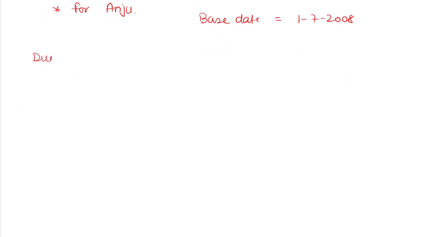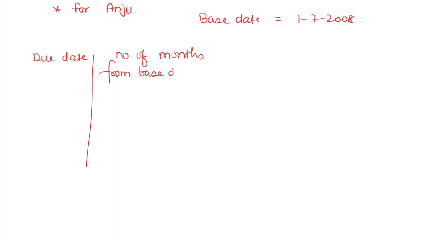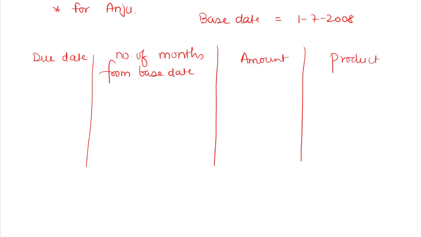Make the same 4 columns: due date, number of months from base date, amount, and product.